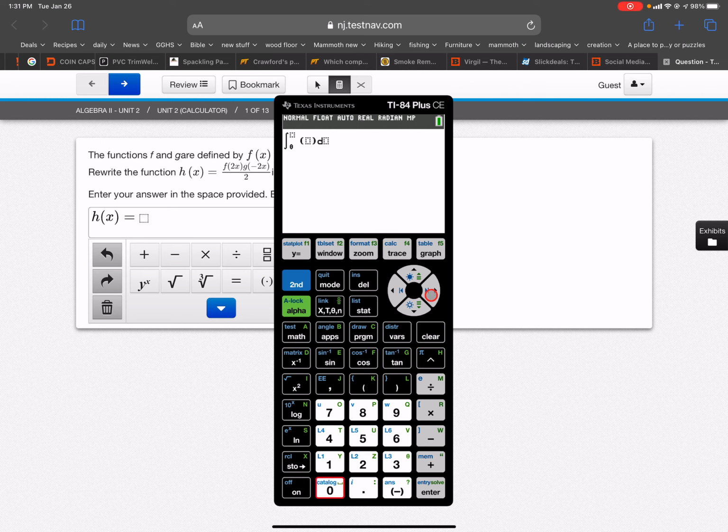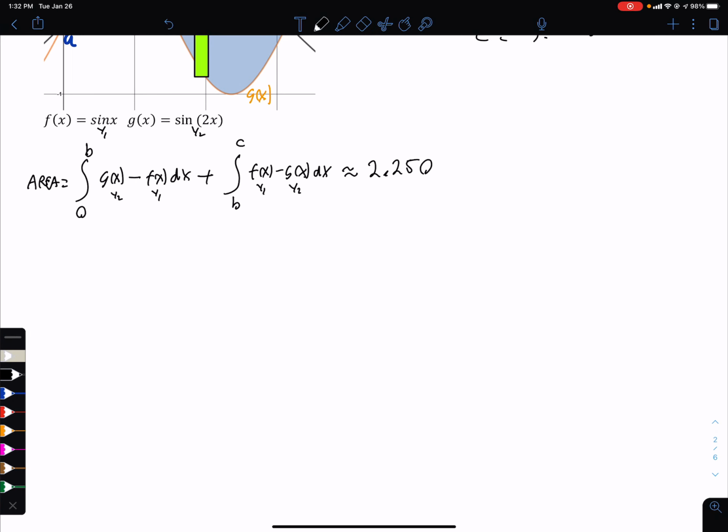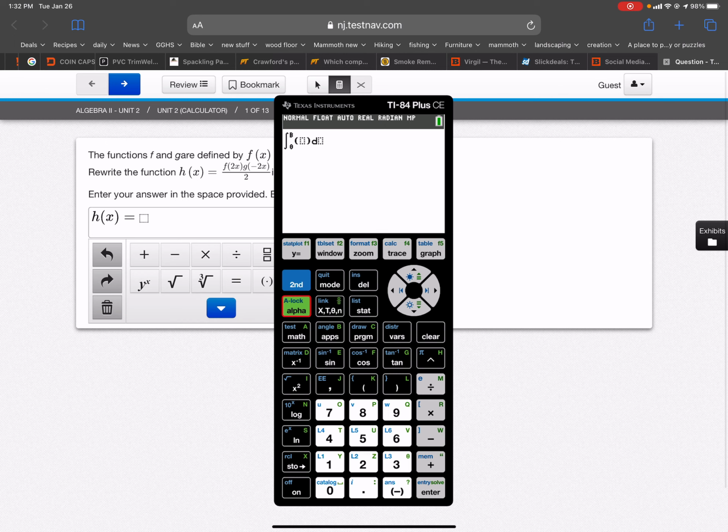Starting at 0, I'm ending at b. And was it y2 minus y1 or y1 minus y2? It's actually y2 minus y1. So I'm going to do y2 minus y1.